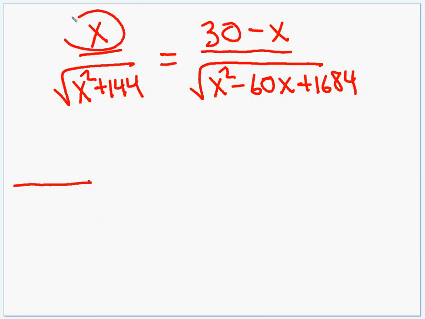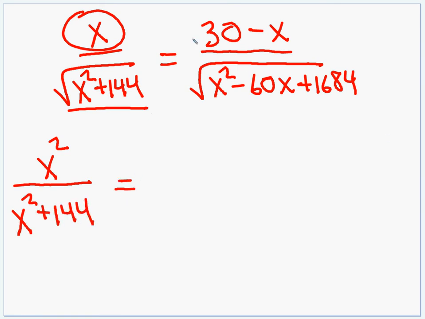If we square the numerator, it just becomes x squared. If we square the denominator, the radical goes away. Equals. On the other side, if we square this numerator, 30 minus x quantity squared, let's FOIL that out right now.